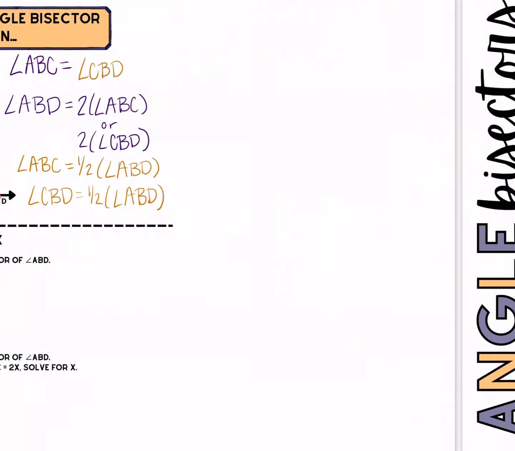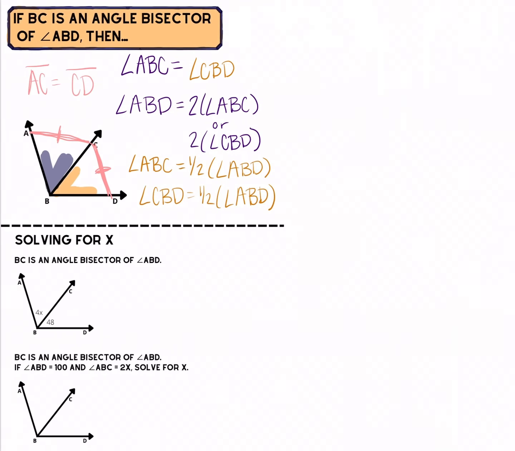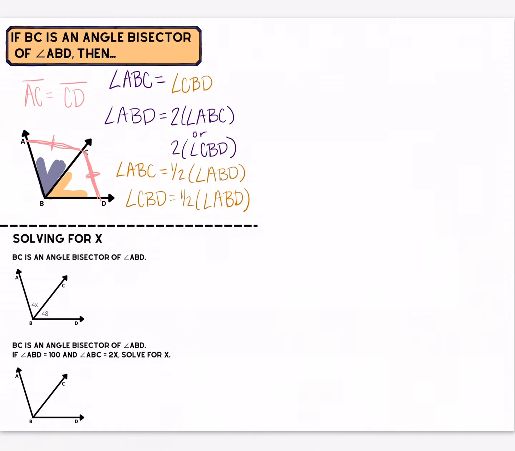Now we're going to go back to the front of the foldable and talk about solving for x. We still apply the same exact relationships, but now we have to apply them and solve an equation. BC is an angle bisector of angle ABD. Angle ABC is 4x, and angle CBD is 48.